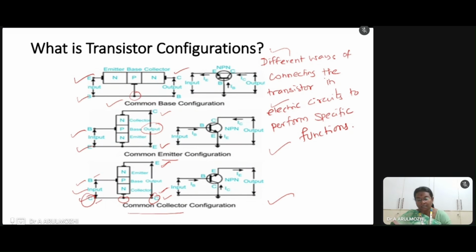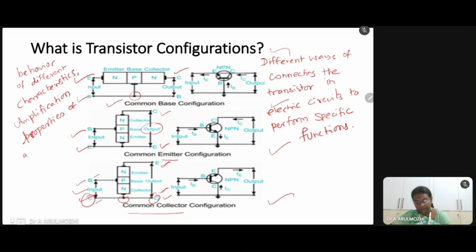The configurations are mainly used to determine the behavior of different characteristics and the amplification properties of a transistor.